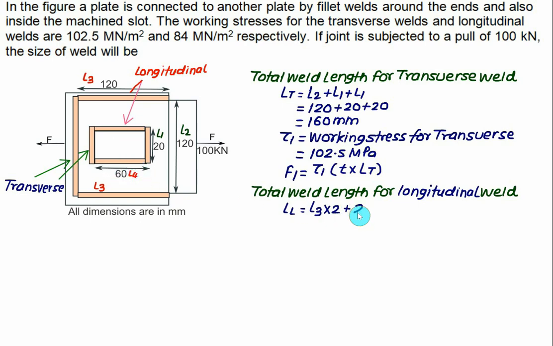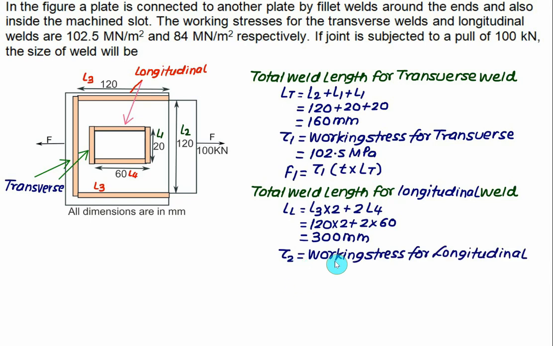We have L3 equal to 120, so 120 multiplied by 2, plus 2 times L4, that is 60. 120 plus 240 is equal to 300 mm, the total weld length for the longitudinal weld. And we have tau 2, the working stress for longitudinal, equal to 84 megapascal.